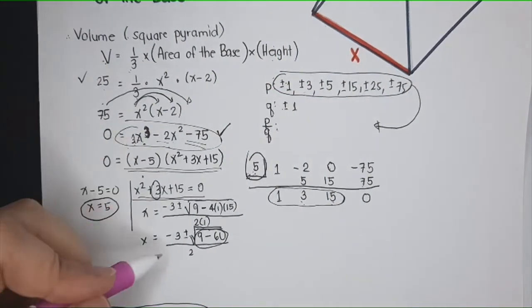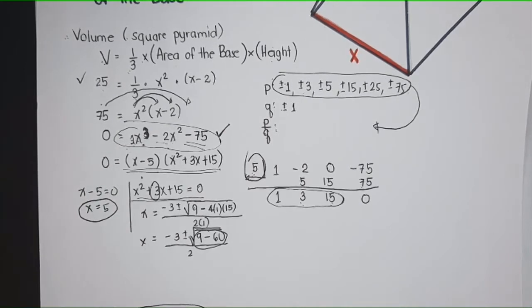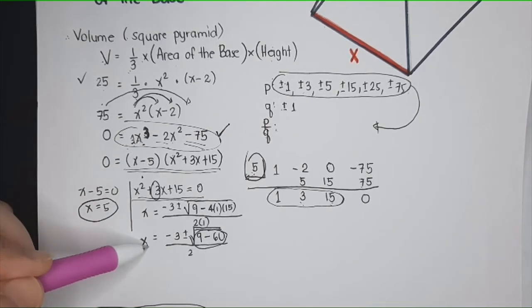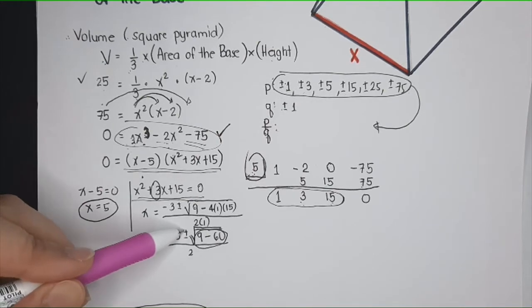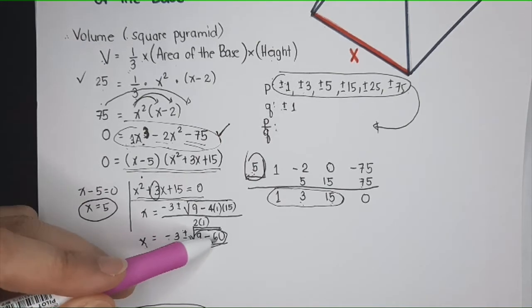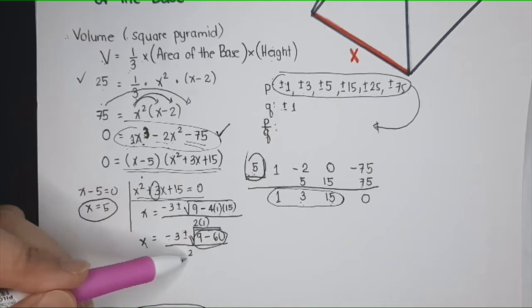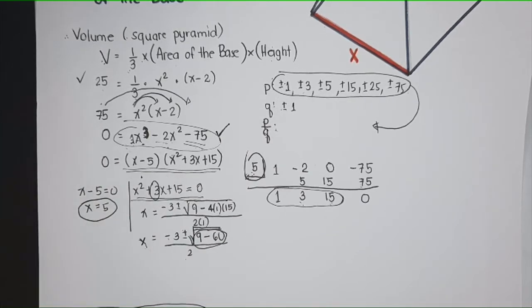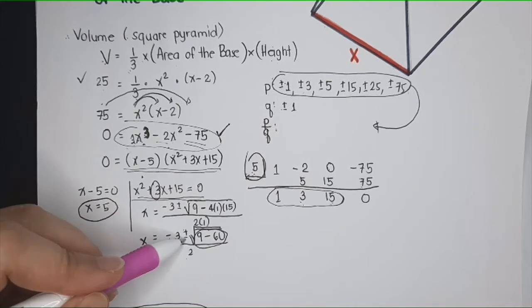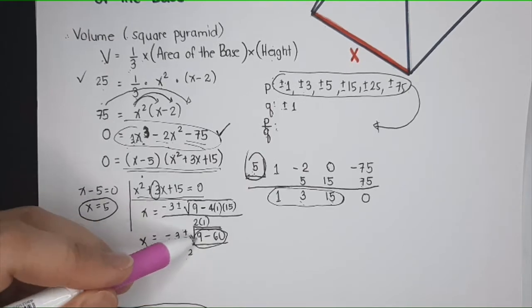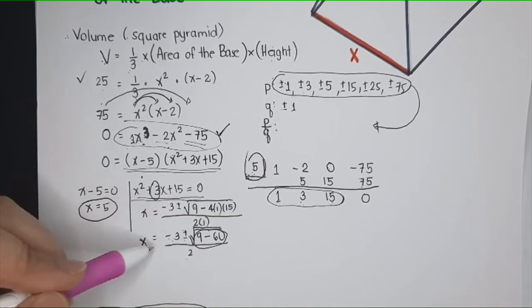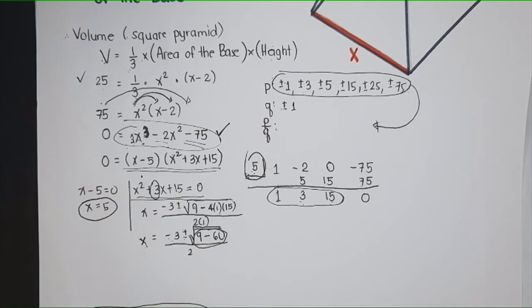So, hindi na natin to pwedeng i-consider. Pero, ito yung sinasabi ko sa inyong dalawa pang values ng x. Yung negative 3 plus the square root of 9 minus 60. You try to simplify this, divided by 2. Okay? Tapos, the other one is negative 3 minus the square root of, you simplify 9 minus 60, then all over 2. Okay?